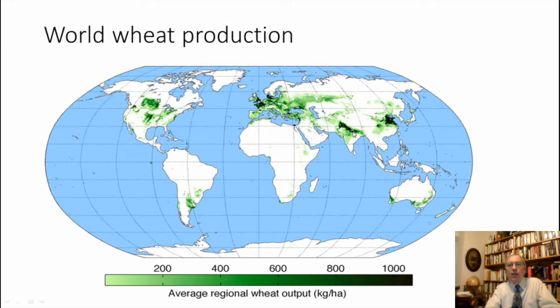A lot of wheat grown in India, particularly the Ganges River Basin in northern India, and a lot of wheat grown in eastern China. More so than the rice. The rice is more in southern China, near Southeast Asia. Some wheat grown on both those good sections in Australia and in the Pampa of Argentina.